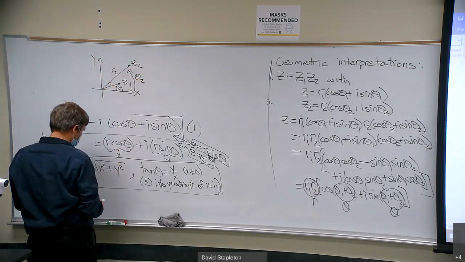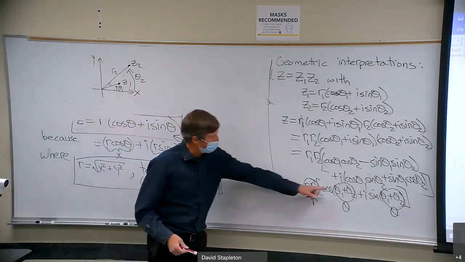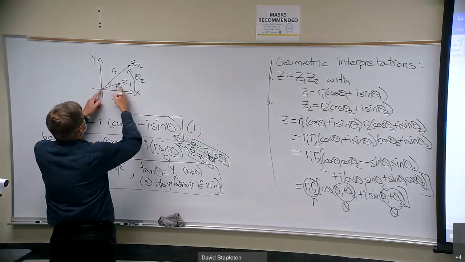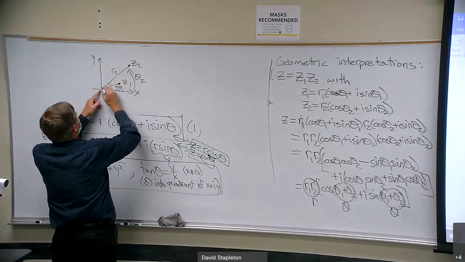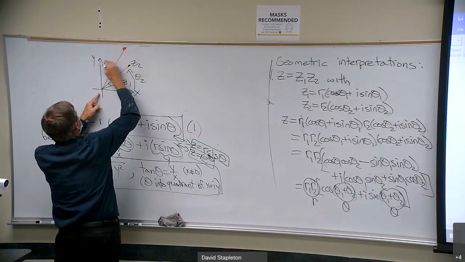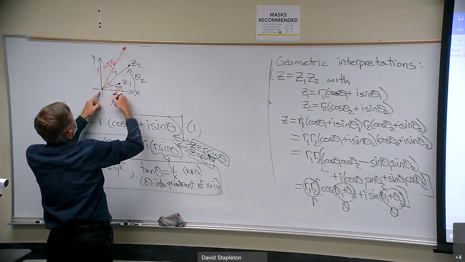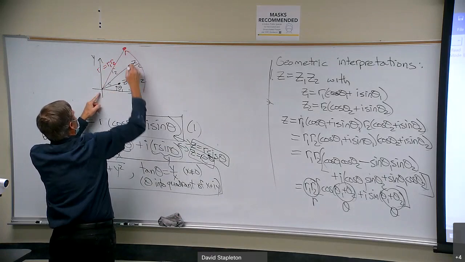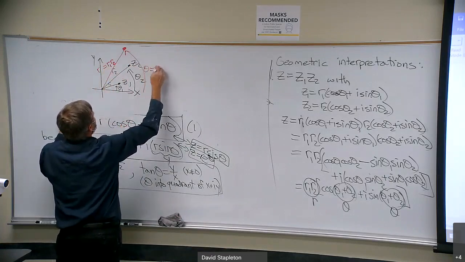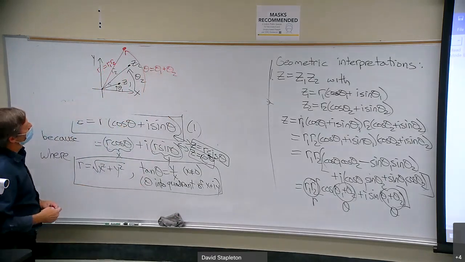So what is the product z1 times z2? It has the angle that's the sum of the two angles, and the distance is the product of the two distances. So it's this distance times this distance far out. Maybe this is r1 times r2 is r, the distance from the origin here. And the angle here is just this one tacked on to the other one. So the angles add and the distances multiply.